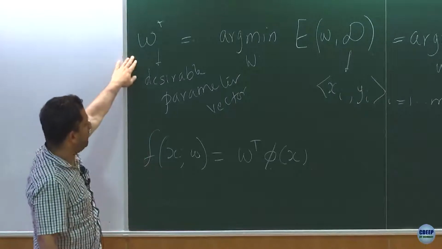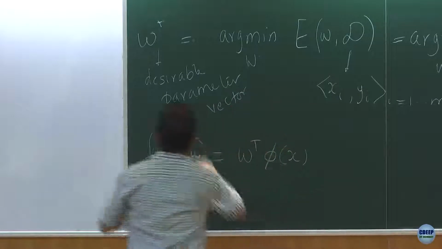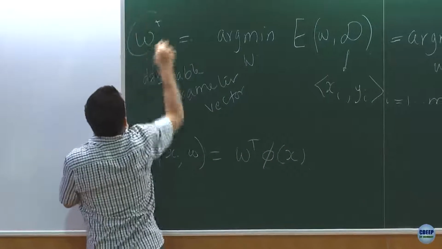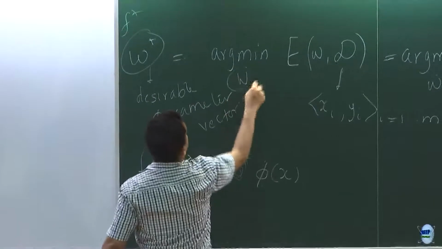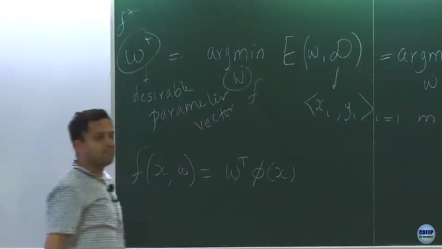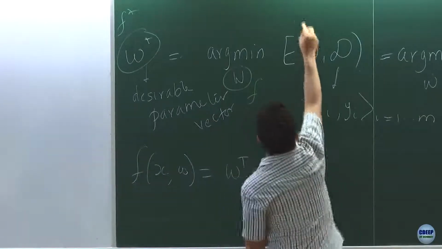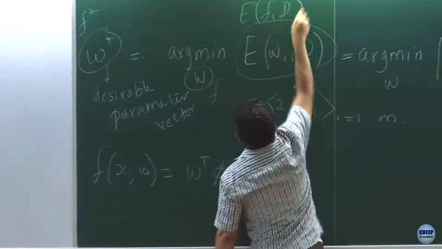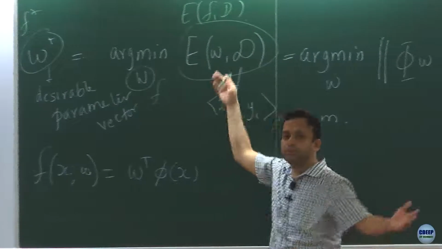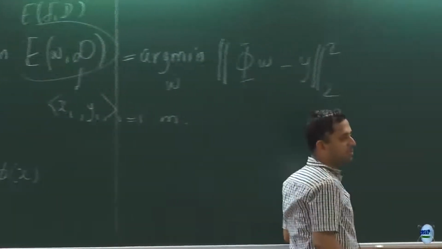But you could just replace this w star with a more general f star, which you obtain by minimizing the error function E(f, D) with respect to the search space of f. That's the more general problem setting.